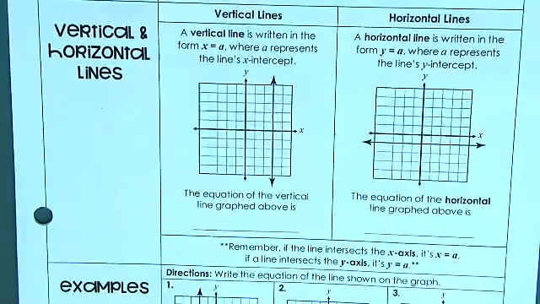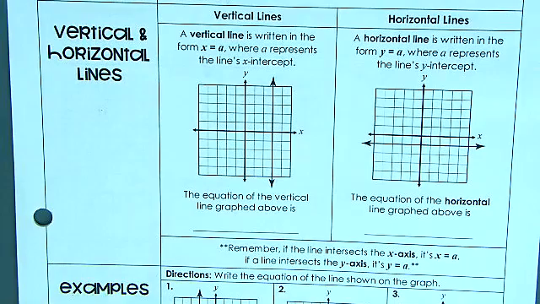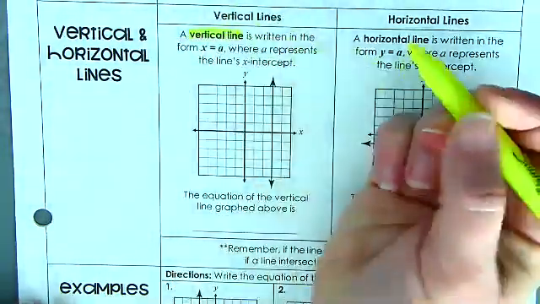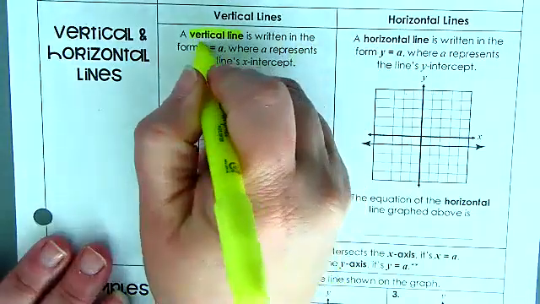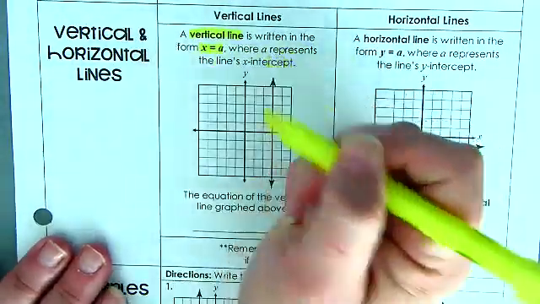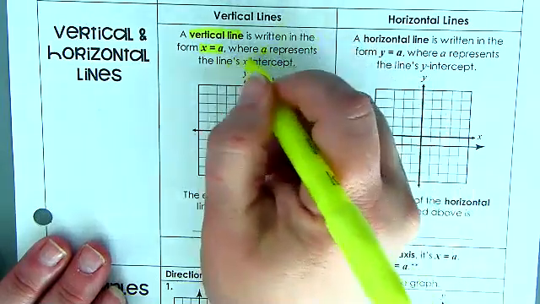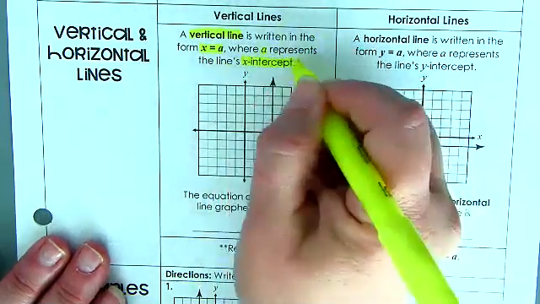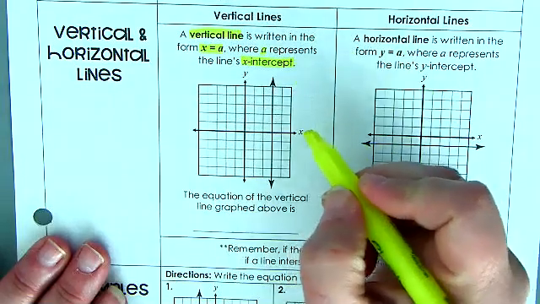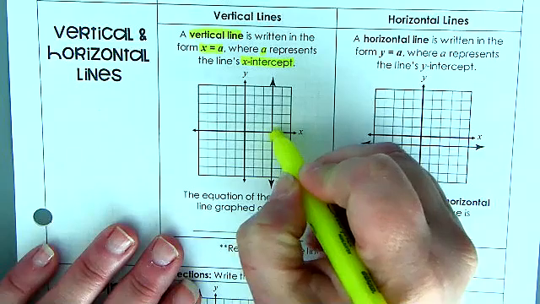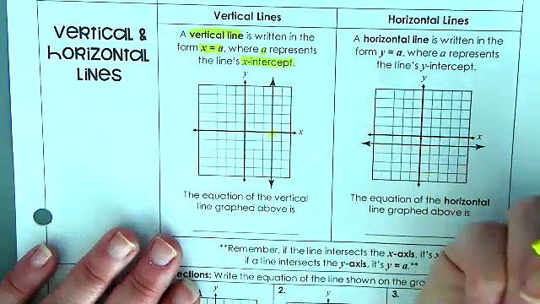For a vertical line, that means it's going up and down. The vertical line is written in the form of x equals a, or x equals some number, where the a represents the line's x-intercept, where it's crossing the x-axis, which would be right here.